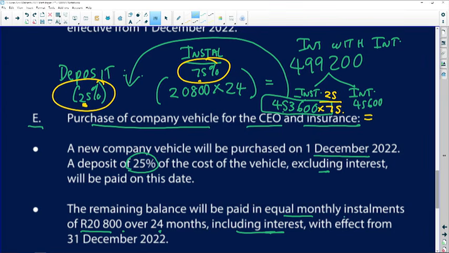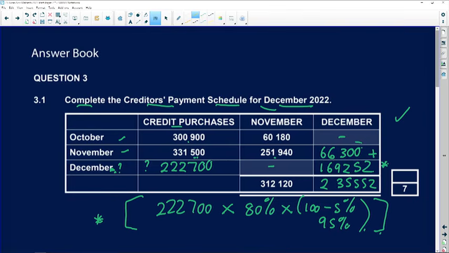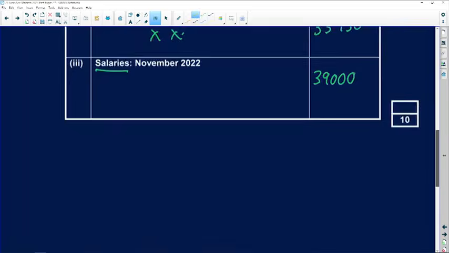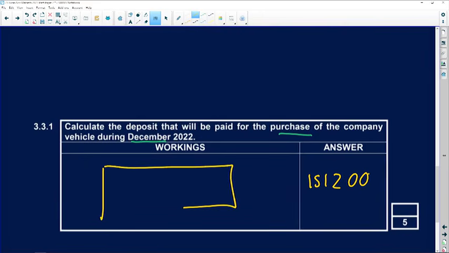So the answer is 151,200. I know there were quite a few steps there, but I'm sure you would have followed. I took my time with this calculation because it was a bit of a challenging one. And obviously there's lots of space for you to show your calculation.